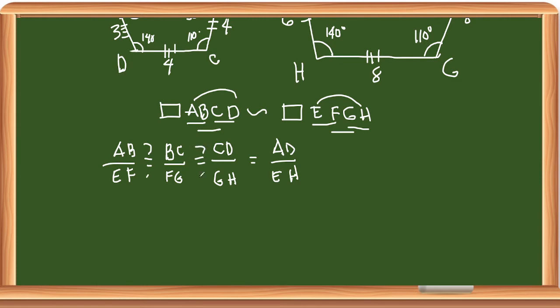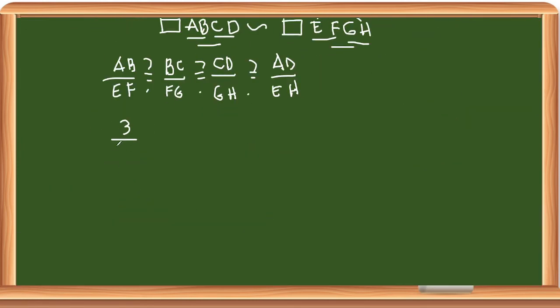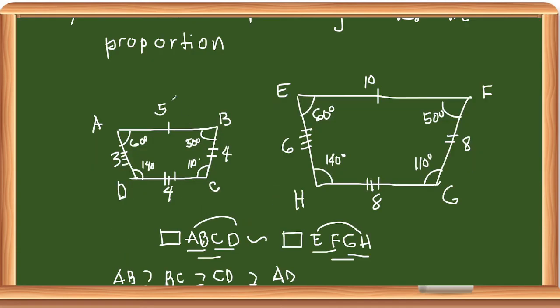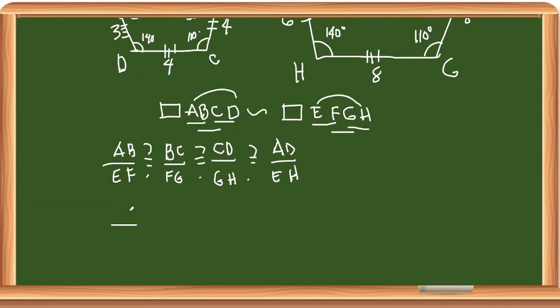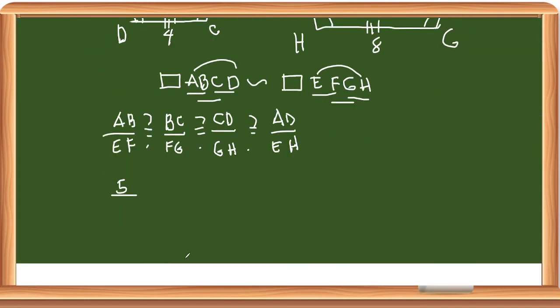Dapat maging equal sila. Tignan natin, AB is 3. EF is 10. Ay, 3. Sorry, 5 pala. 3 ang inano ko. So, this is AB, which is 5. So, burahin natin to. Lagay natin 5. And then, yung EF, this one, it's given, it's 10.